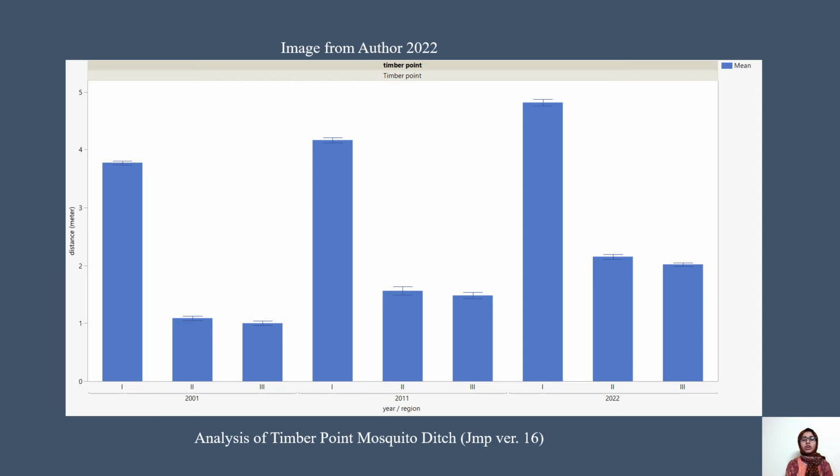These three marshes are also connected by the same letter A, which indicates that there is no significant difference between pairs. Moreover, the average growth of opening point of Timber Point mosquito ditch is 0.57 meter for every 11 years. Unlike Crab Meadow, Timber Point and Sunken Meadow have less growth rate.